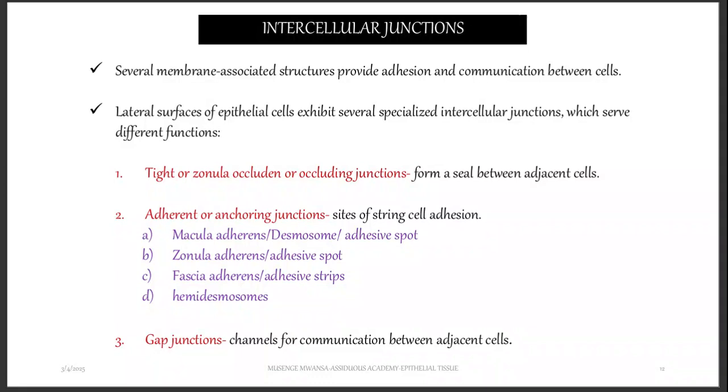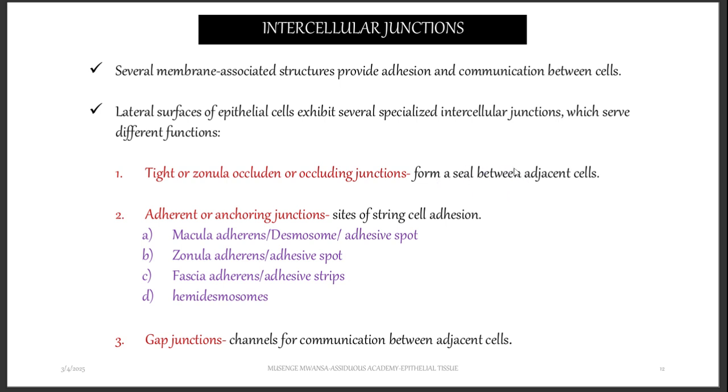When you look at these epithelial cells, they're actually going to be connected to each other. One epithelial cell is connected to another epithelial cell. And there are different things that hold these guys together. The first ones, we call them the tight or zonula occludens.